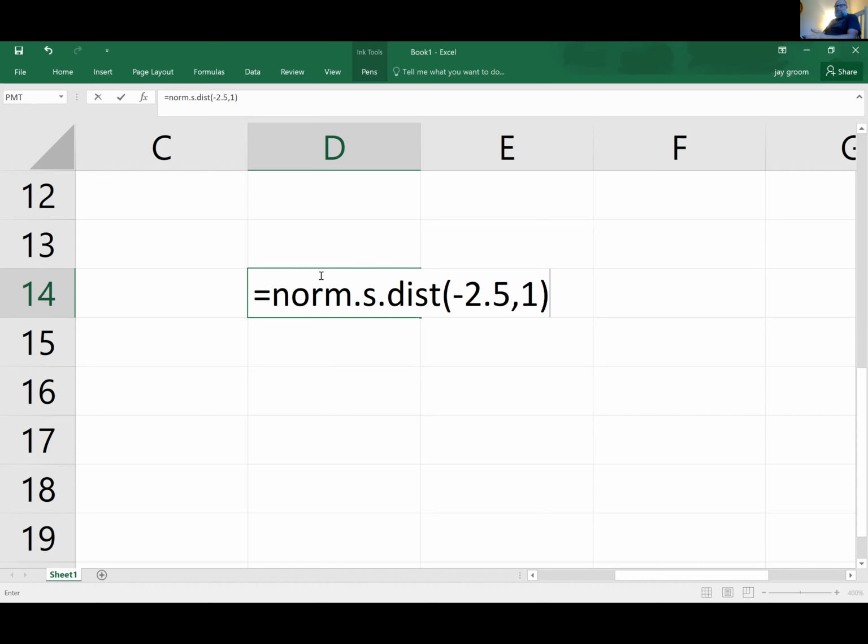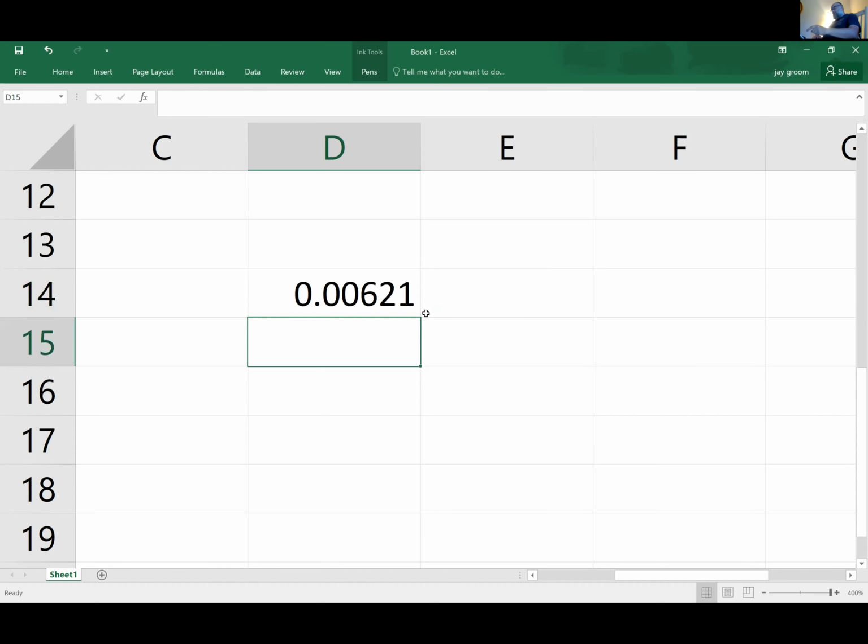Not really sure why they programmed that in, other than I think, you know, computer programmers cut and paste. I don't know why they do it, but there it is. And so it's 0.00621. That's a percentage. That's a probability. Well, what probability? Okay.